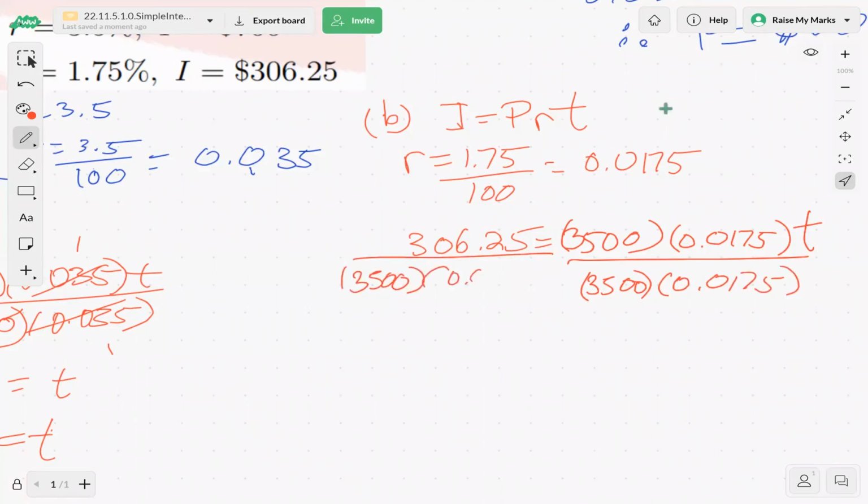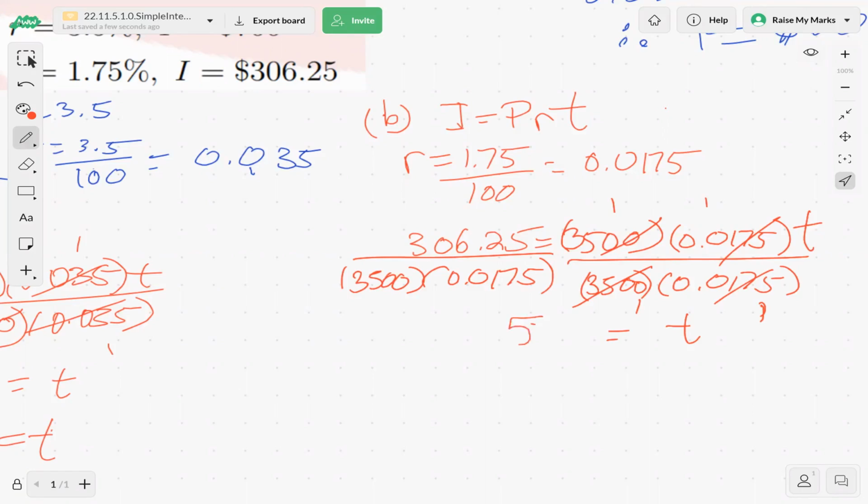On the right-hand side, we're left with t, because everything else cancels out, or 1. On the left-hand side, we have this interesting number. So let's punch it into our calculator, probably the best way. 306.25 divided by 3,500 divided by 0.0175.